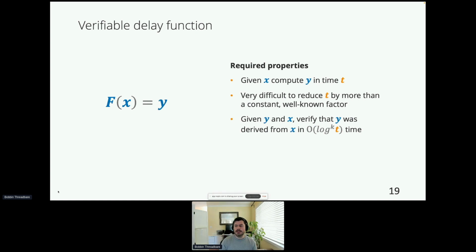Then, if we have y and x, it should be very easy and fast to verify that y was actually derived from x using f. So we want the complexity to be at least polylogarithmic in t, and maybe ideally even constant.